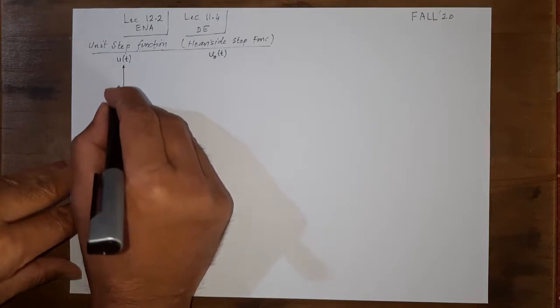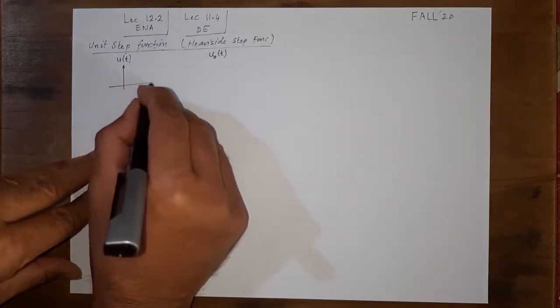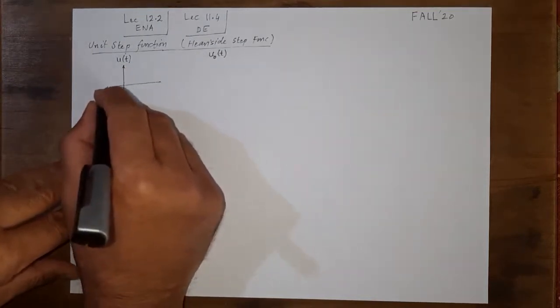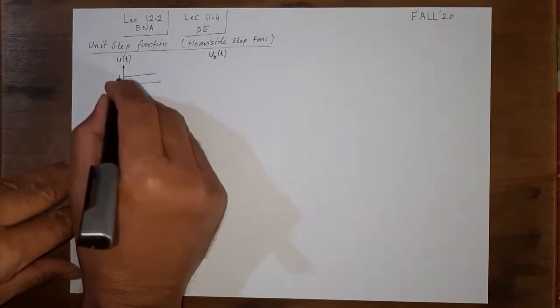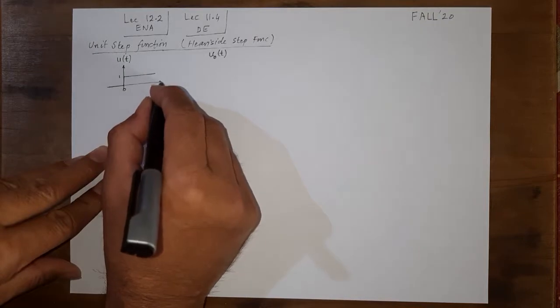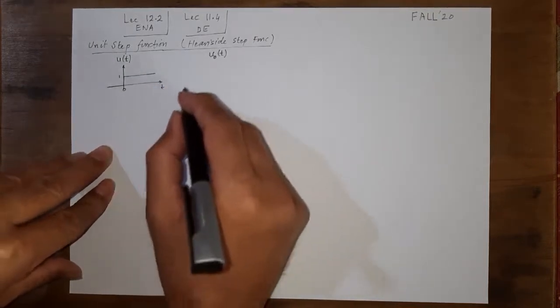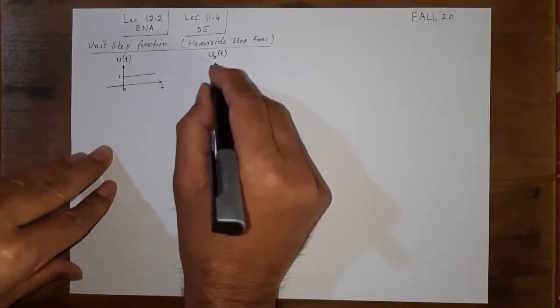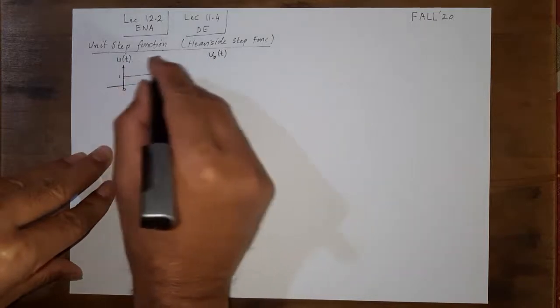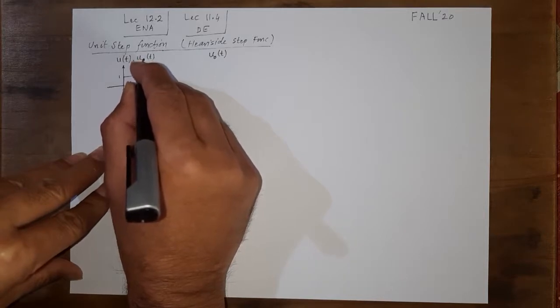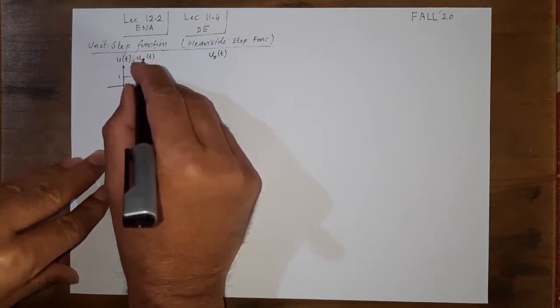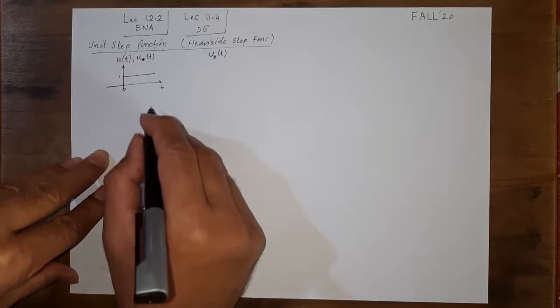It can be best understood graphically. So u(t) is 0 up till t equal to 0, and then it becomes 1, and this is the same thing as u0 t. So basically this subscript is the time at which this step occurs.